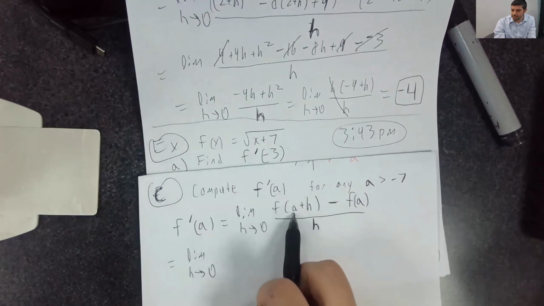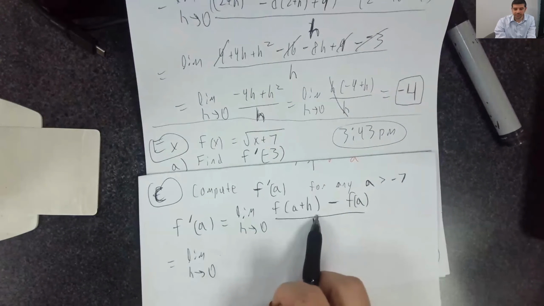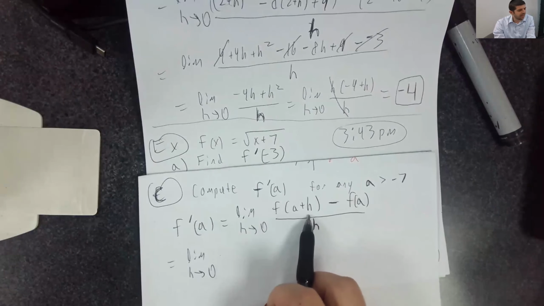So let's plug in a plus h. So what should I write? In terms of pre-calc, if I plug in a plus h for x, what would be the answer? Yeah.